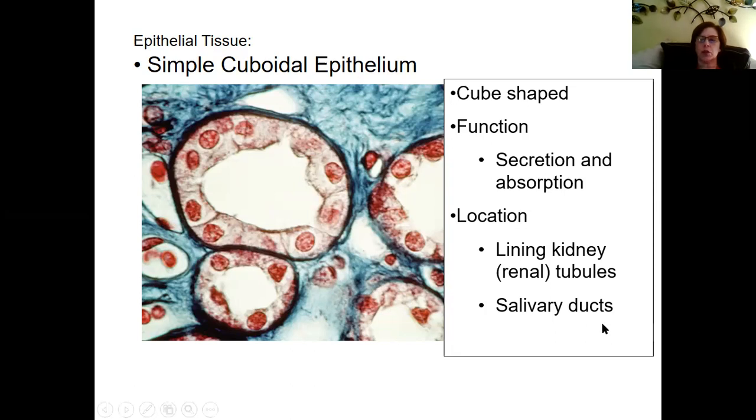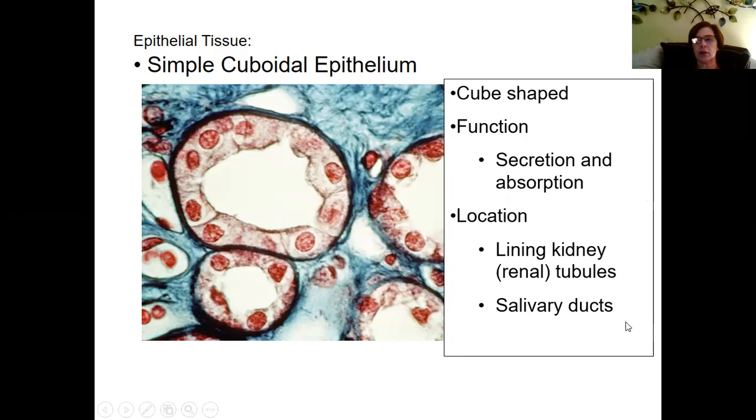Okay, so we have two locations: the ducts of our salivary glands and lining kidney tubules. Renal is another word for kidney. In this case, these cells are affording a little bit of protection, so I would add protection to this function. But we also have secretion and absorption because cuboidal is often associated with glands.